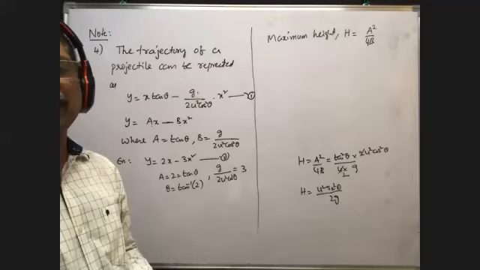The radius of this circular path is the radius of curvature of the curved path at that point P. So we have to find this R. Our aim is to find R.